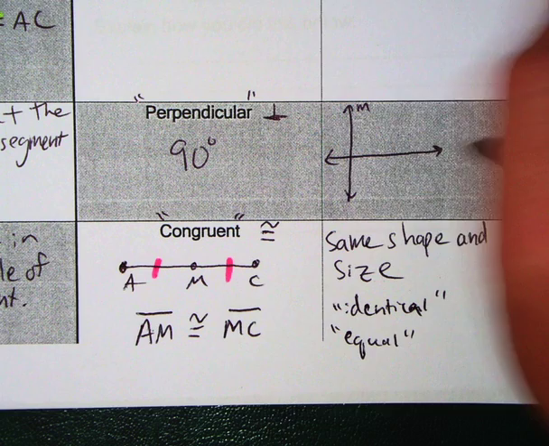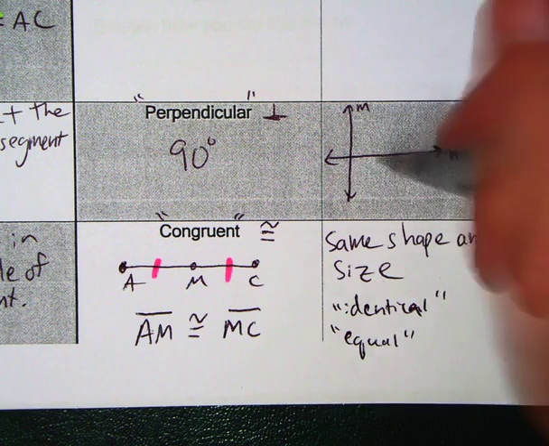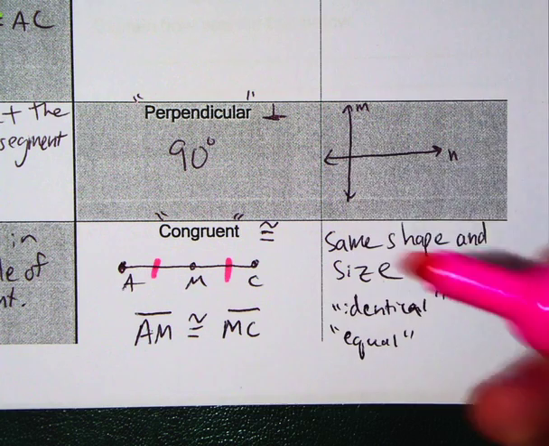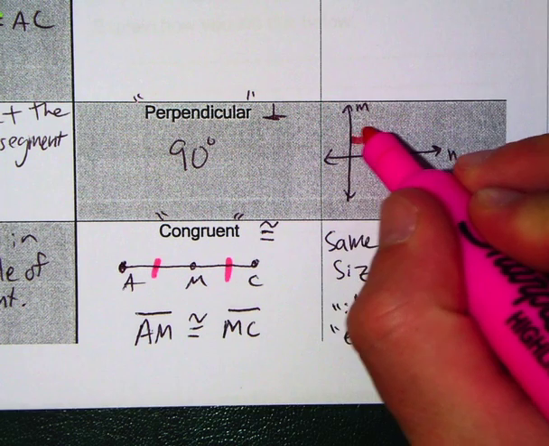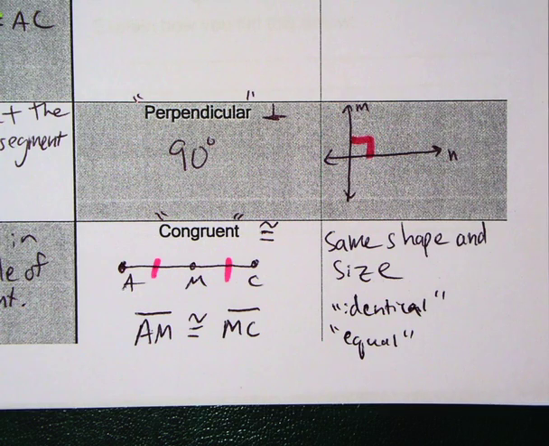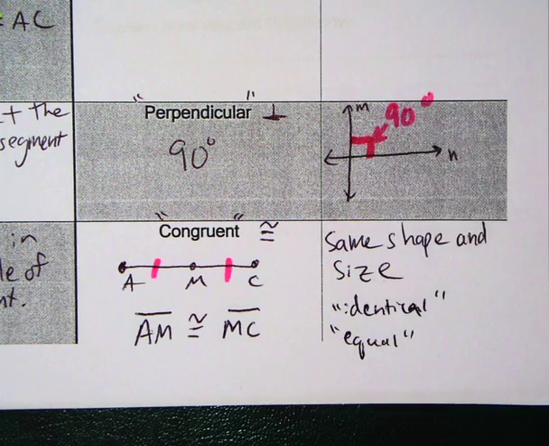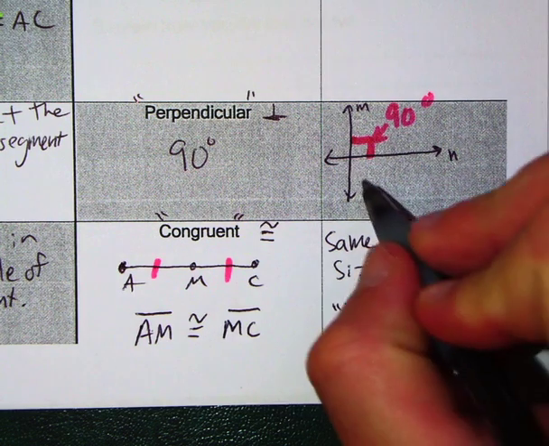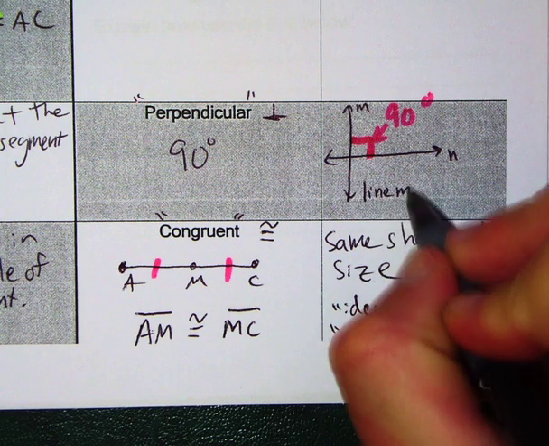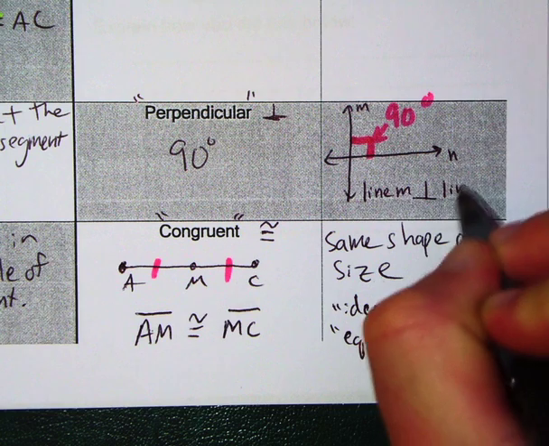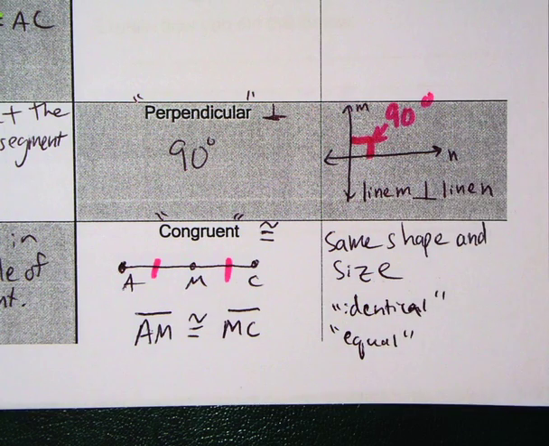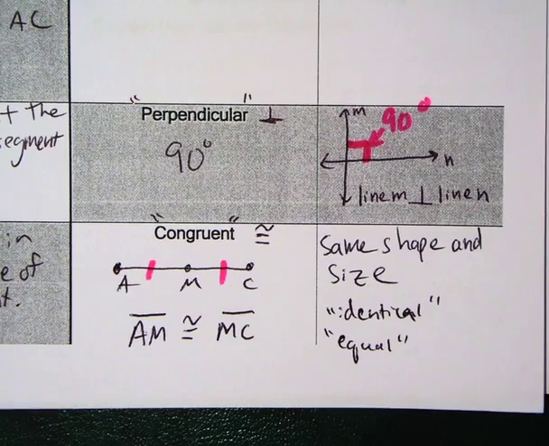Call this line M, this line N. And if I were to put this symbol in here, that means 90 degrees. And I could say line M is perpendicular to line N. That's how you would speak that out loud.